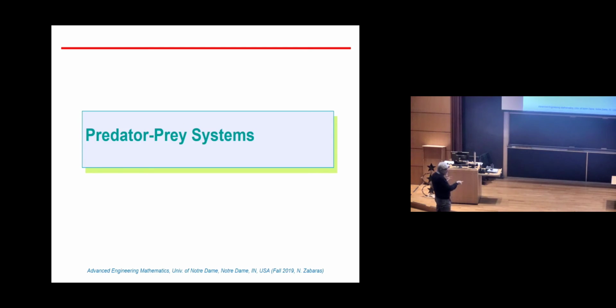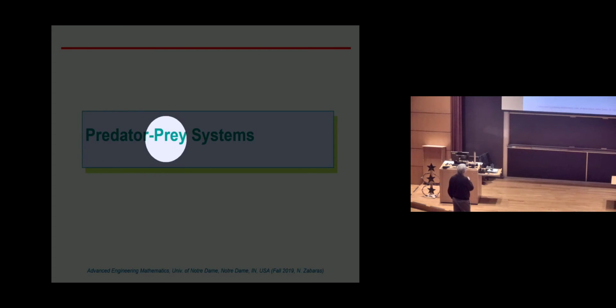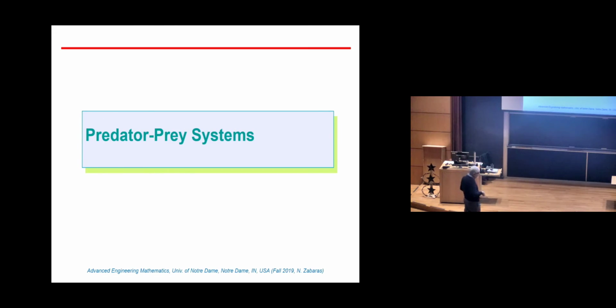So one animal's food is the other animal. Effectively, the growth of the predator depends on how much prey you have, and how much prey you have depends on how many predators you have. So the question is, can you have these two things in coexistence?